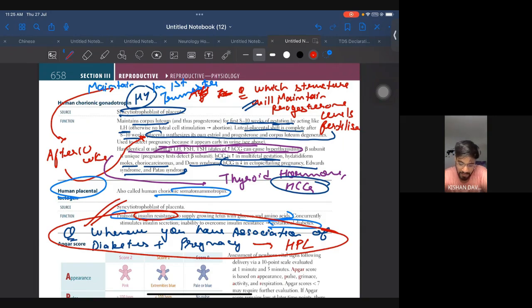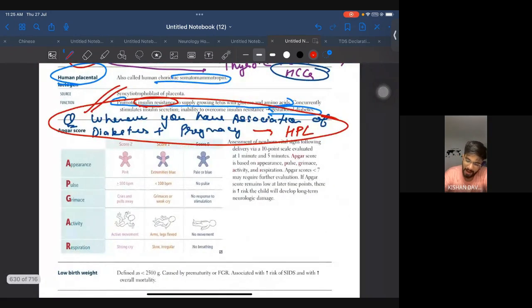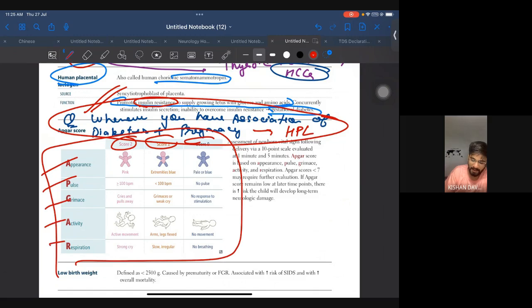All right, very important. Now see, this Apgar score they haven't asked particularly, but they have given it in the question. The patient is having score one, score zero, score two. So we have to remember that way. Just remember what the features are in each. They won't ask you what is the Apgar score or to calculate the Apgar score, but in the question they will give it to you.